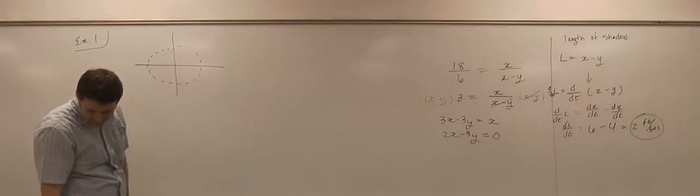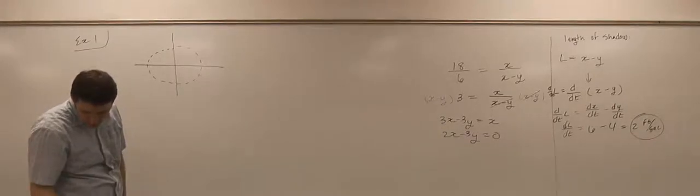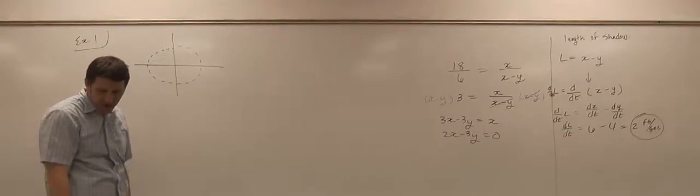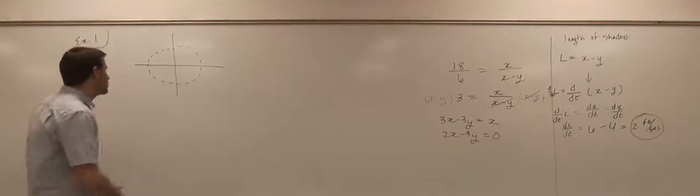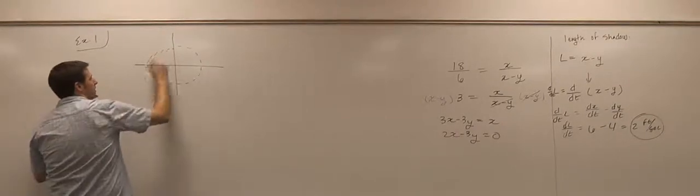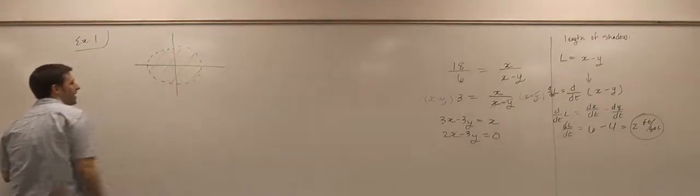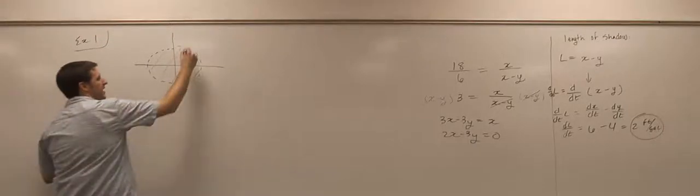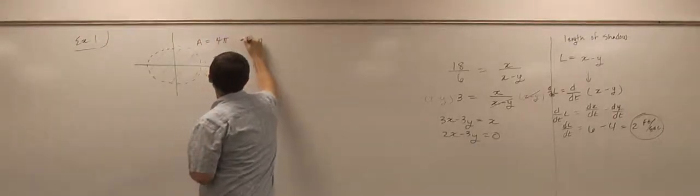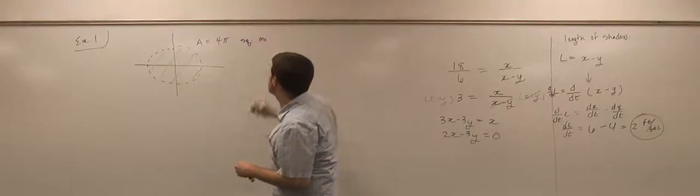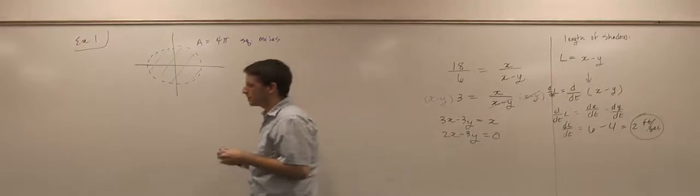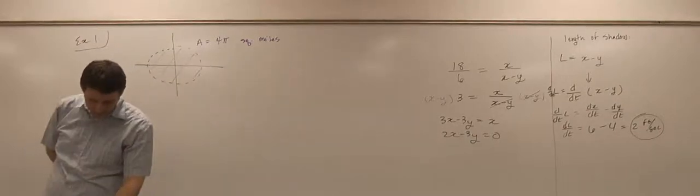And then it says you see on the news that the outbreak has currently spread over a 4 pi square mile circular region. So this part, where the outbreak has spread, has an area of 4 pi square miles.